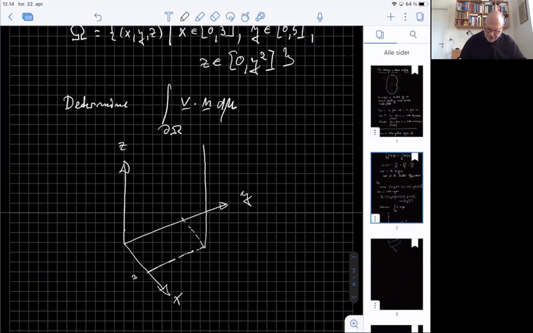I'm not using the same scale in the z direction. So if we have this, then we have this parabola. The height here is 25.